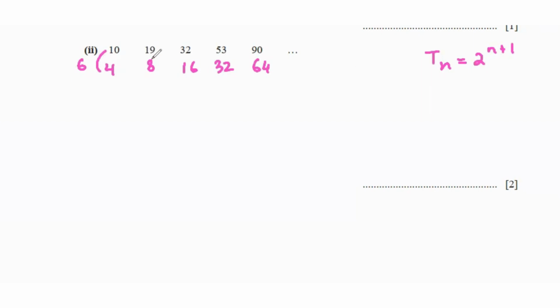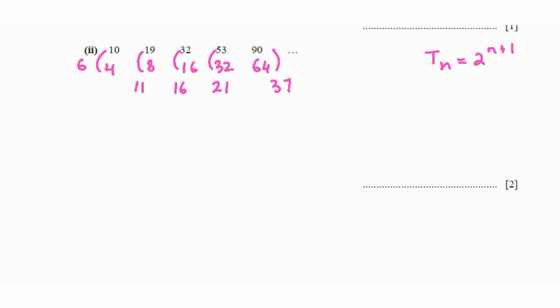Between the next two terms, we have a difference of 11. Then the third two terms, we have a difference of 16. And between 53 and 32, we have a difference of 21. And between 90 and 64, we have a difference of 37.